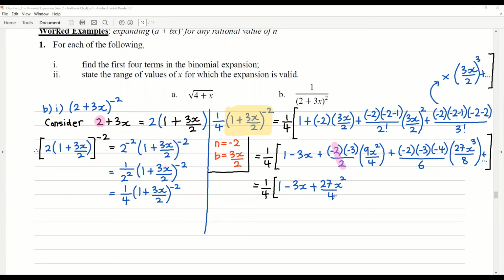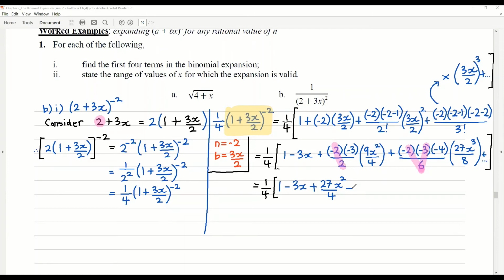And then there was a lot of cancellation over in the fourth term. So the 2 and 3 will cancel with the 6 to give 1. It's 6 over 6. The negatives will cancel out, that will be positive. So this is definitely going to be a negative term here, and you can check by the pattern. We have plus, minus, so yeah, that's going to be negative. That leaves us with negative 4 over 8.